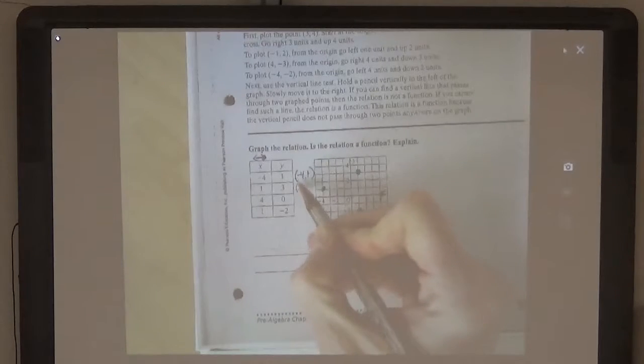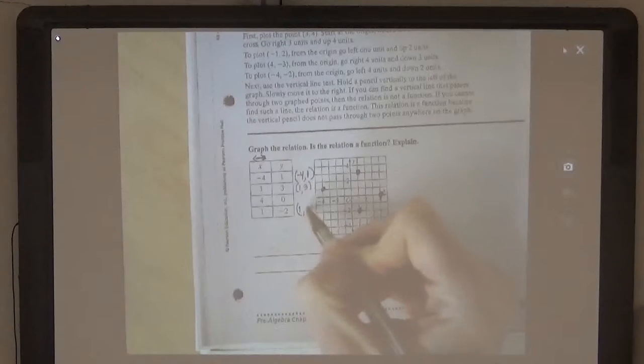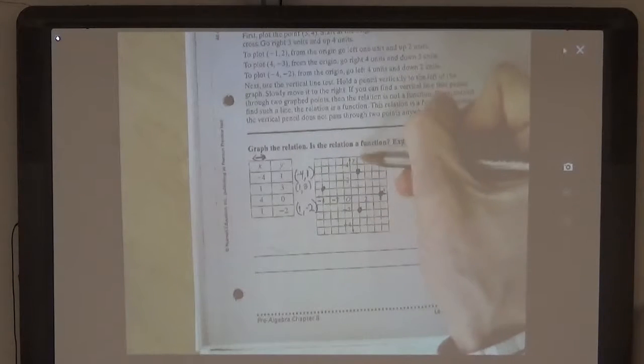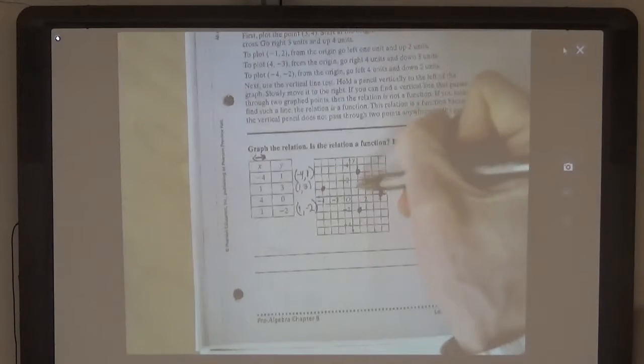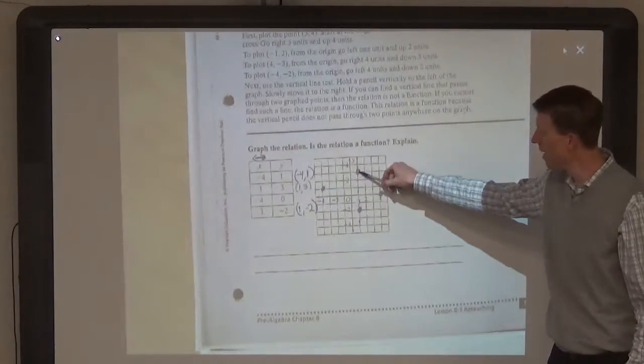Now, notice that the x value 1 has two different numbers, doesn't it? What are the two numbers, Brett? 3 and -2. And if we do a vertical line test, it's called, if you drew a vertical line, it goes through both of these points. These points are on the same vertical line.